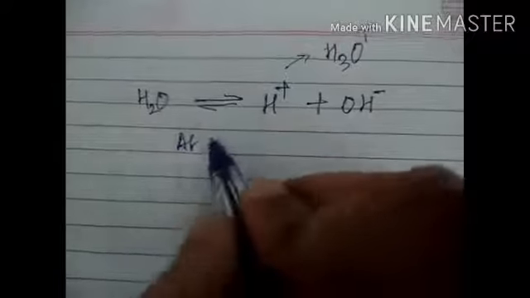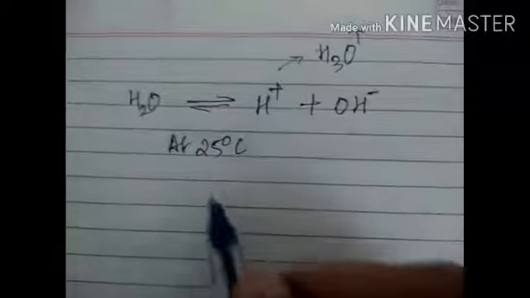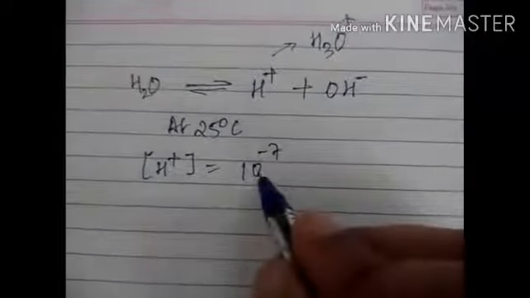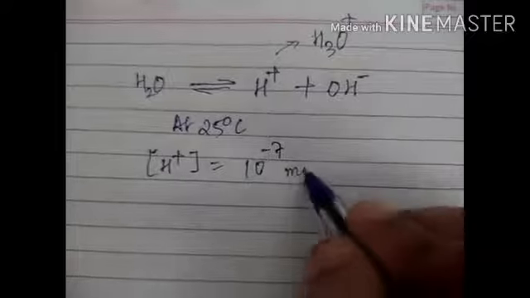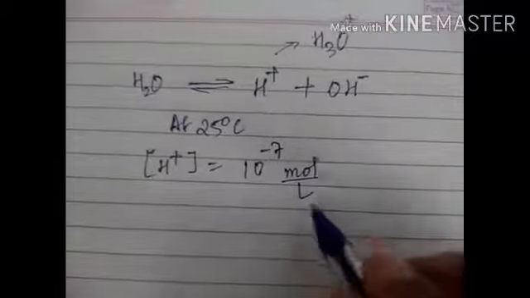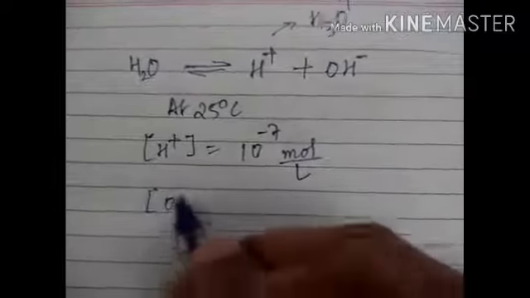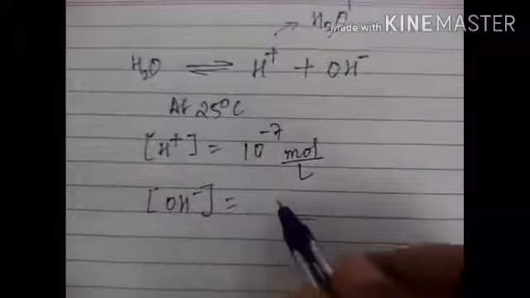Now students, it was found that at 25 degrees Celsius, the concentration of H plus ion came out to be 10 raised to the power of minus 7 moles per liter, and the same concentration we found for OH minus, and it should be like this only.